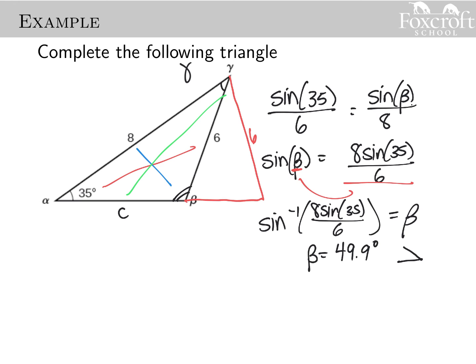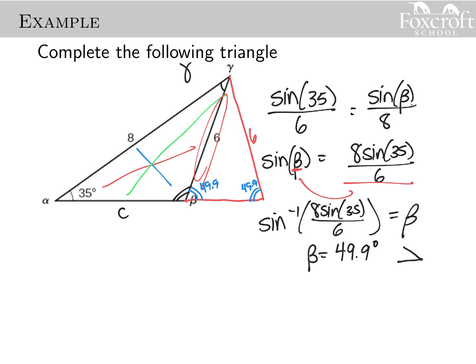With a 6 there. So if I ignore this line and just look at this bigger triangle, that still has a side 8, a side 6, and an angle 35. And in this case, this small angle here is 49.9. Based on the way this triangle is drawn, these two sides are both 6. This blue angle there is the same.